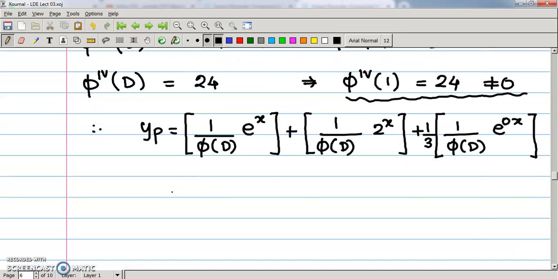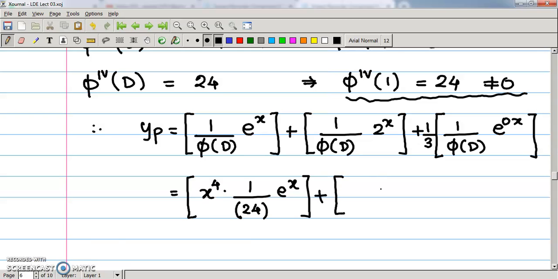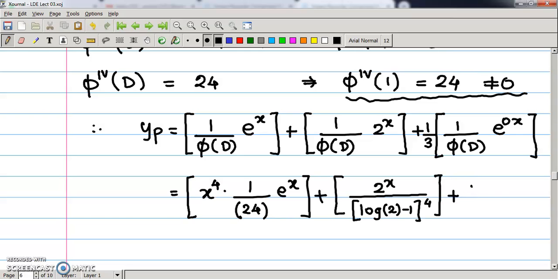By using formulas, when a is equal to 1, we got a non-zero value after the fourth derivative. So the required particular integral will be x^4 times 1/24 times e^x, plus we replace D by log 2, and this value will be (log 2 - 1)^4, plus 1/3 times, we replace D by 0, so it will be 1/1 times e^(0x).